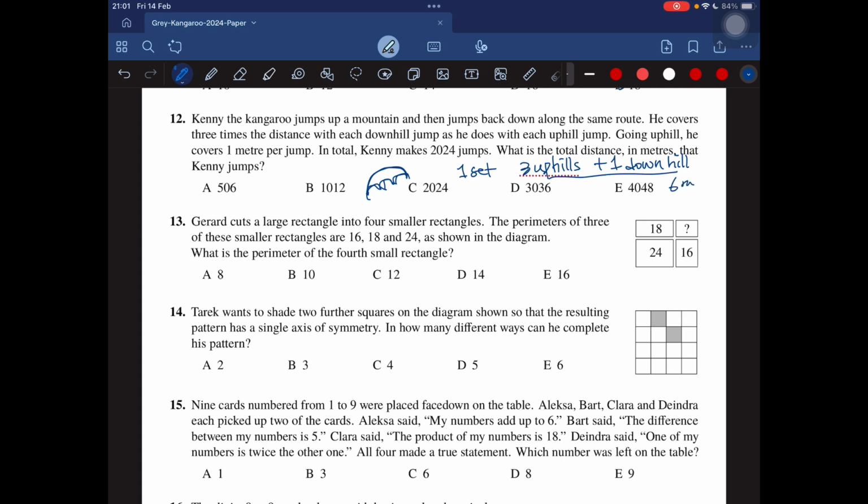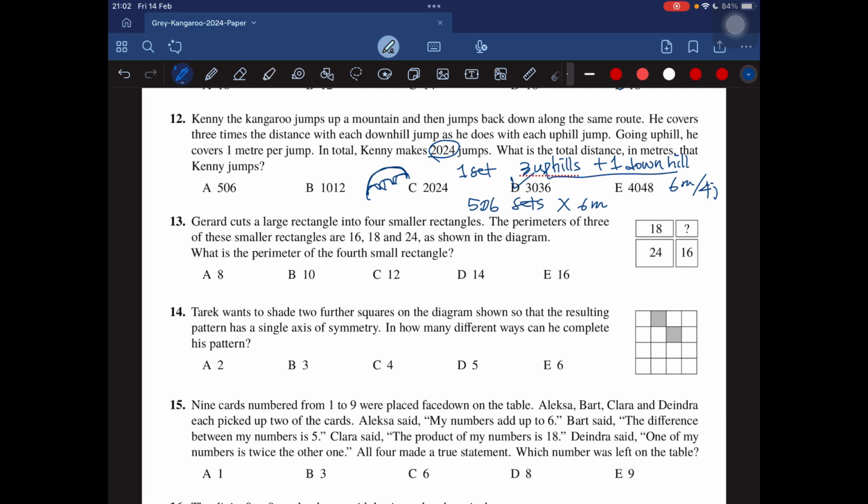So we can say 6 meters per full set. So one set is 4 jumps, and we have 6 sets, which makes 6 meters each. So 36.